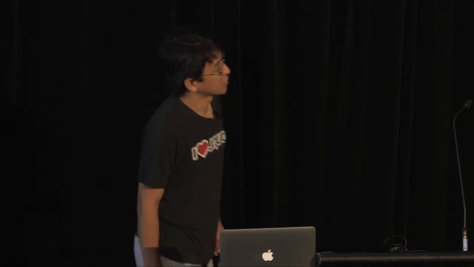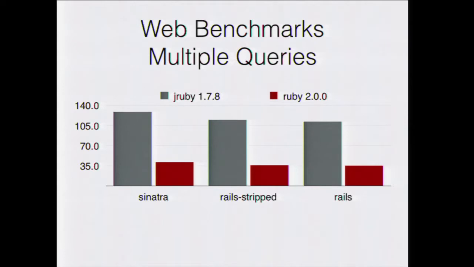All right, here's another one. Multiple queries. JRuby is massively faster than Ruby 2.0. I don't know how much is JRuby's contribution and how much is TorqueBox, but 2.0 is using Unicorn. So you might want to try your own benchmarks to do that.